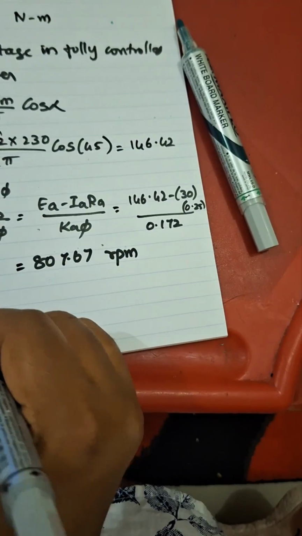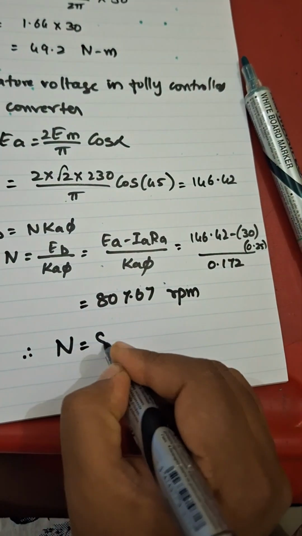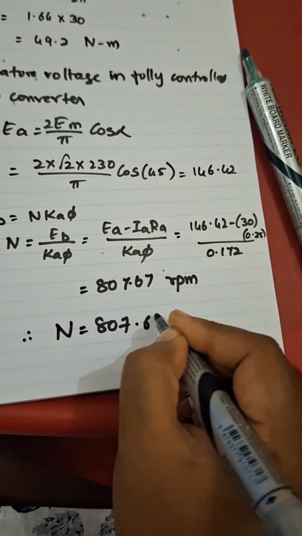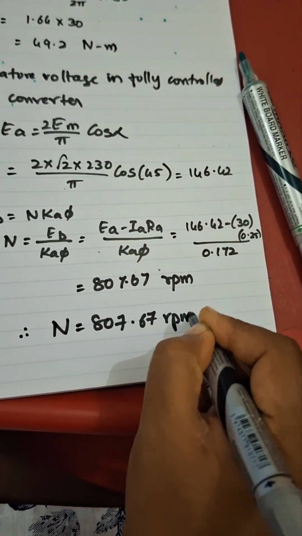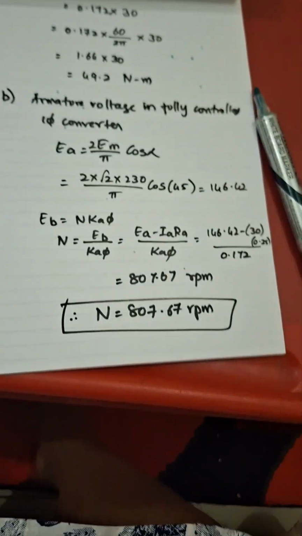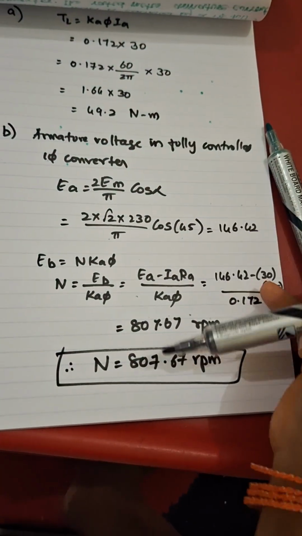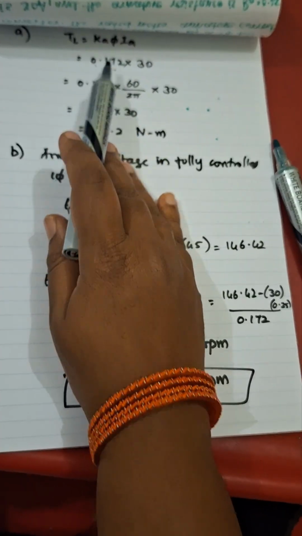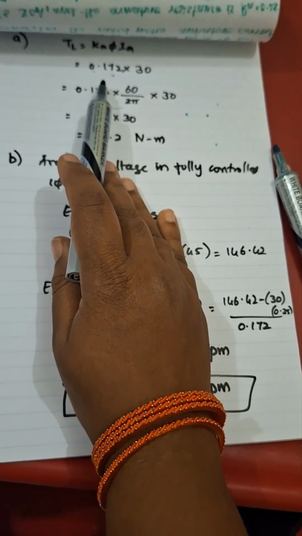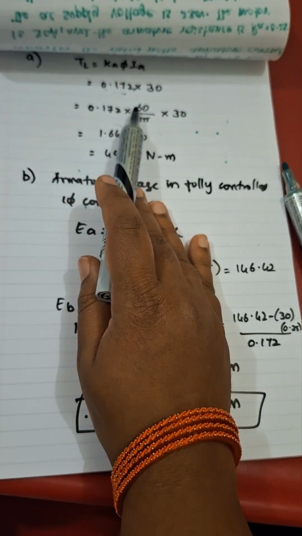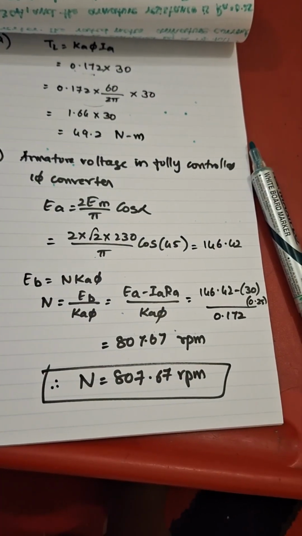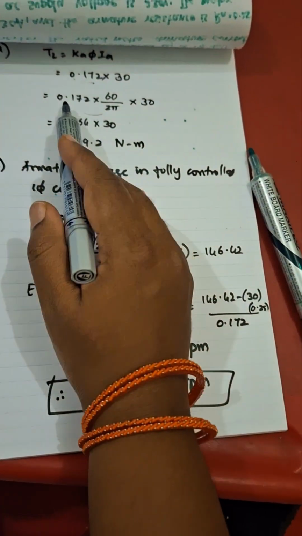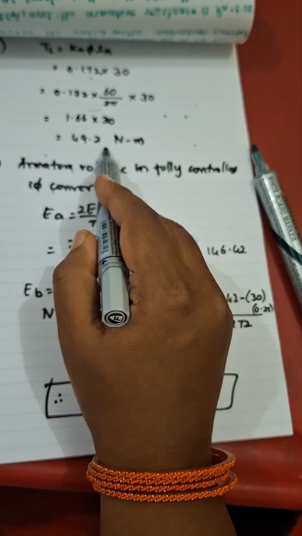Therefore the speed is 807.67 rpm. This is our second answer. To find the load torque, we have Kaφ Ia. We converted Kaφ into volt per second, and then we got our TL.